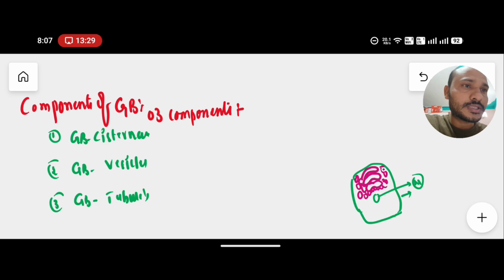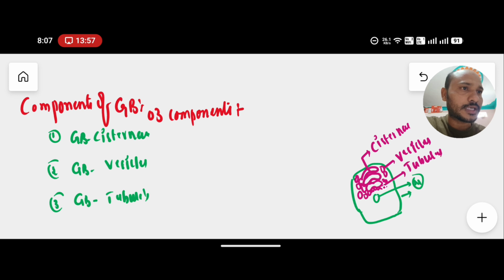This whole structure is called Golgi bodies, which has three components. This flat disc-shaped structure is called cisternae, this spherical structure is called vesicles, and this tube-like structure is called tubules. So cisternae, vesicles and tubules together are called the components of Golgi bodies.